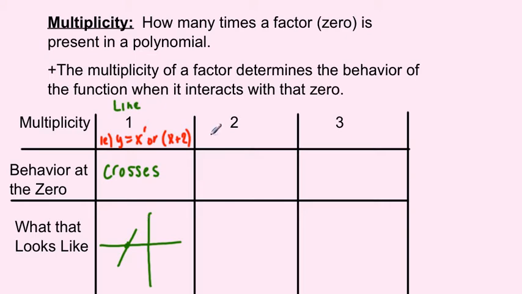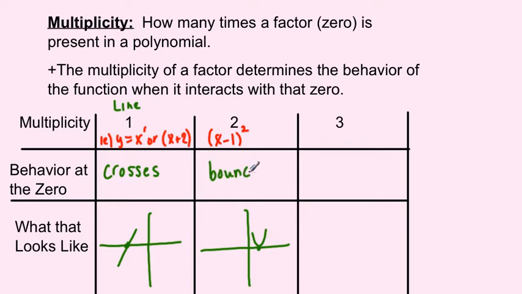If I have degree 2, that means my factor looks something like this. So that 2 is telling me it's multiplicity 2. We know x squared is a quadratic, so this is going to be like a curve. That makes sense. This guy would be over here, and we're going to say that it bounces.